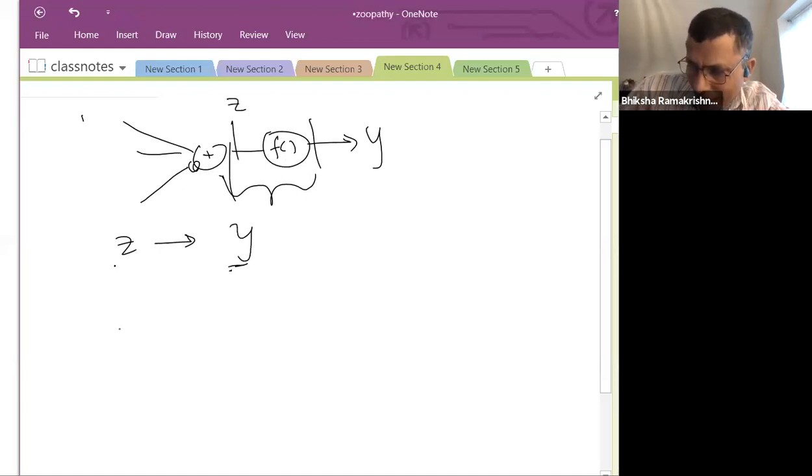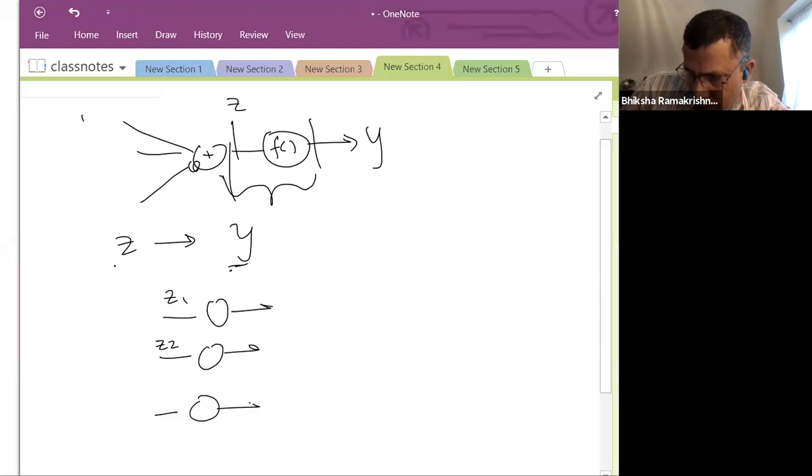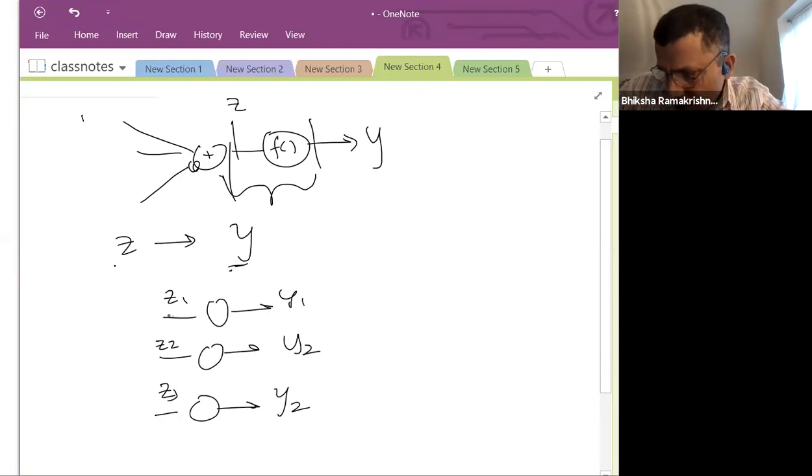But if I have a set of these neurons, each of these is going to have its own activation, Z1's affine combination, and each of these is going to have its own output. And now if I perturb this Z, these other outputs will not change.